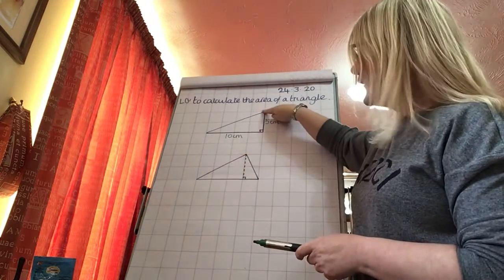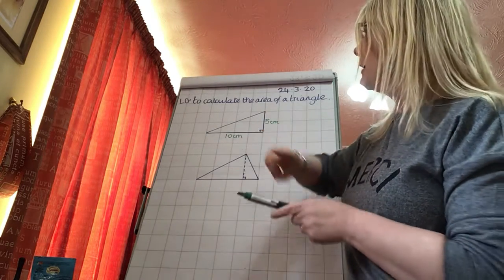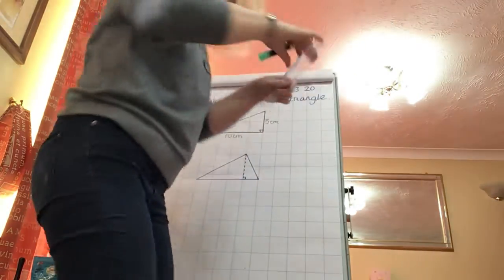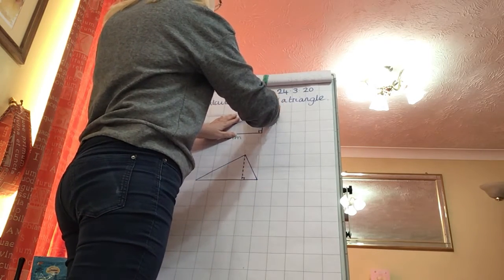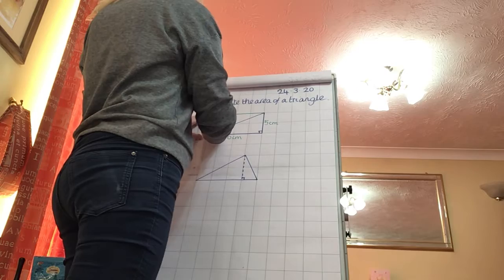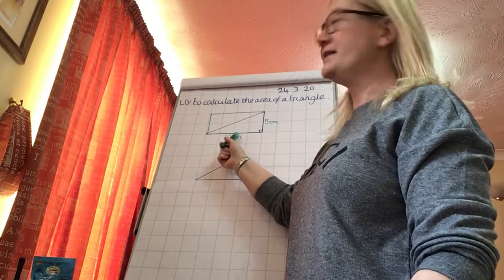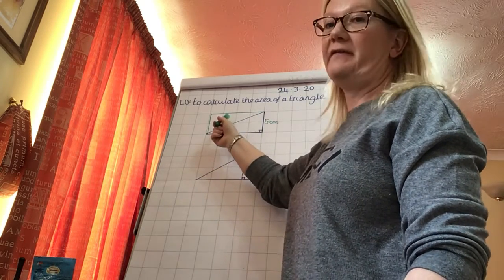And notice on this one that the height is perpendicular to the base. That's important. Now, I know that if I make this into a rectangle, I would be able to work out the area of that rectangle, because I know that the area of a rectangle is the base times the width, or the length times the width, 10 times 5, which would be 50.